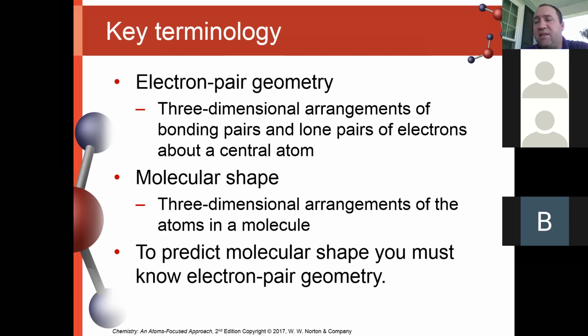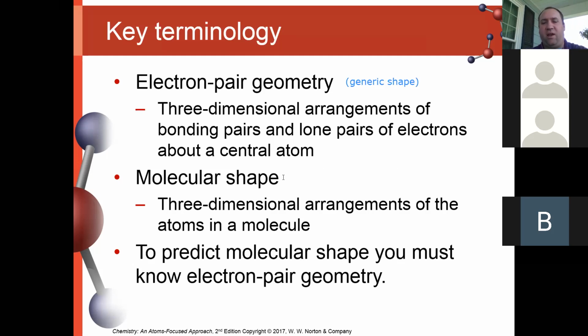Electron pair geometry basically takes all electrons, treats them as equal to each other, and talks about a general shape that they take on when they are arranged as far apart from each other as possible. So a good way to think about electron pair geometry is, this is a generic shape. We're going to start by talking about generic shapes. That is, if I have this many electron groups, this is the shape that they put themselves into to minimize their repulsion.